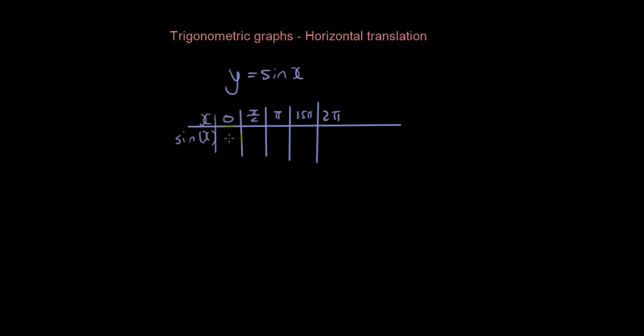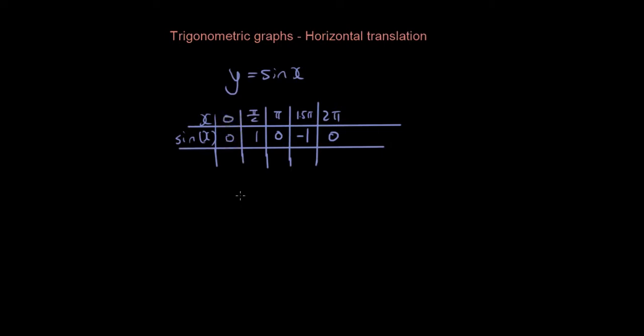When x is 0, sine 0 is 0. When x is pi over 2, sine pi over 2 is 1. And then back down to 0, to negative 1, and back to 0. Okay, so if you don't understand this table, you really need to have a look at my other tutorials for trigonometry. So that is the original curve.